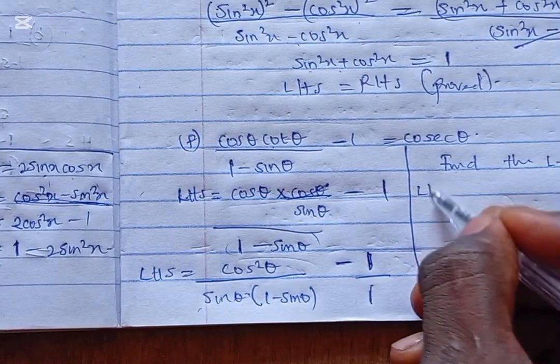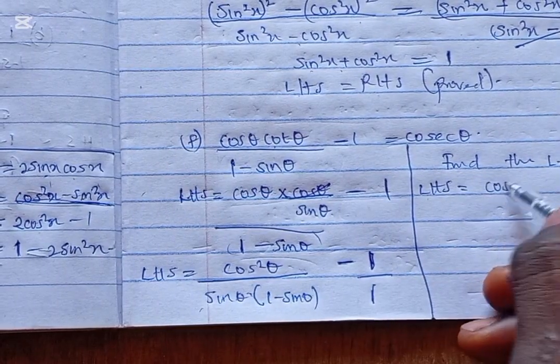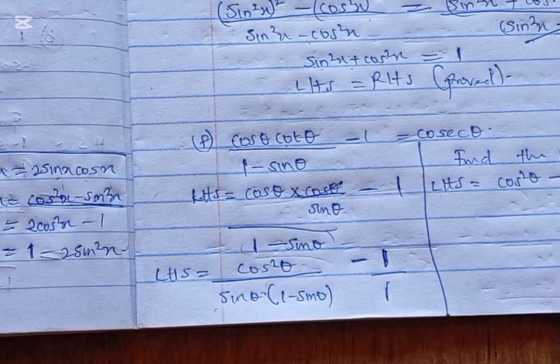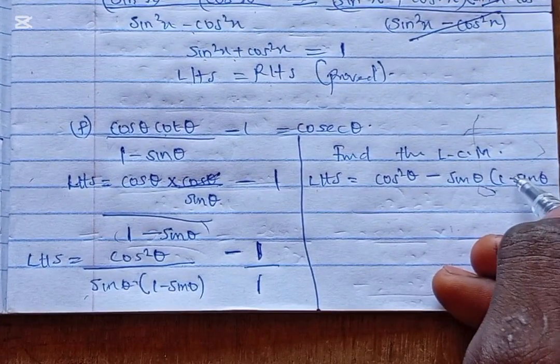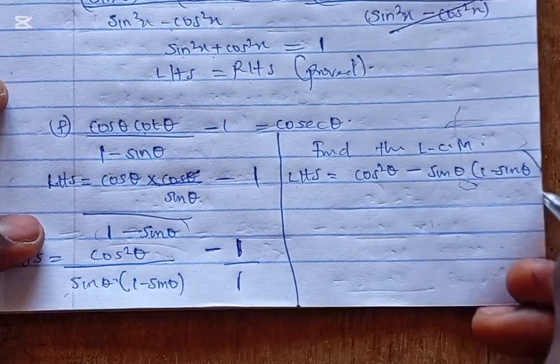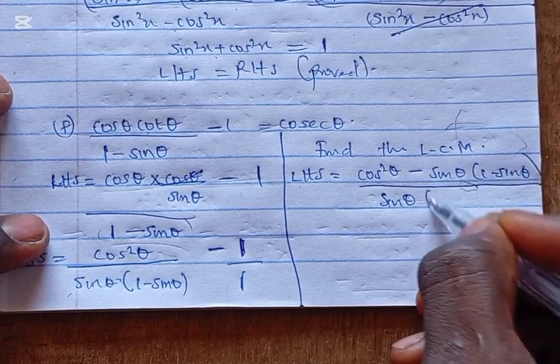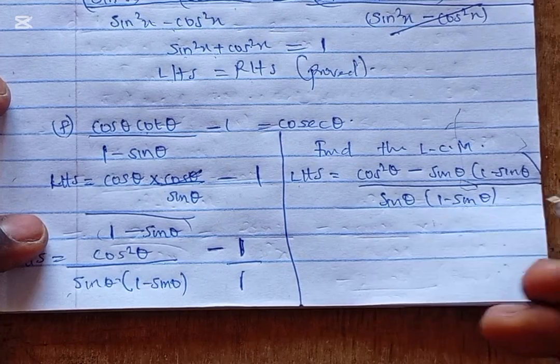So we have that the left hand side is equal to cos square theta minus sine theta into 1 minus sine theta, everything over sine theta into 1 minus sine theta.